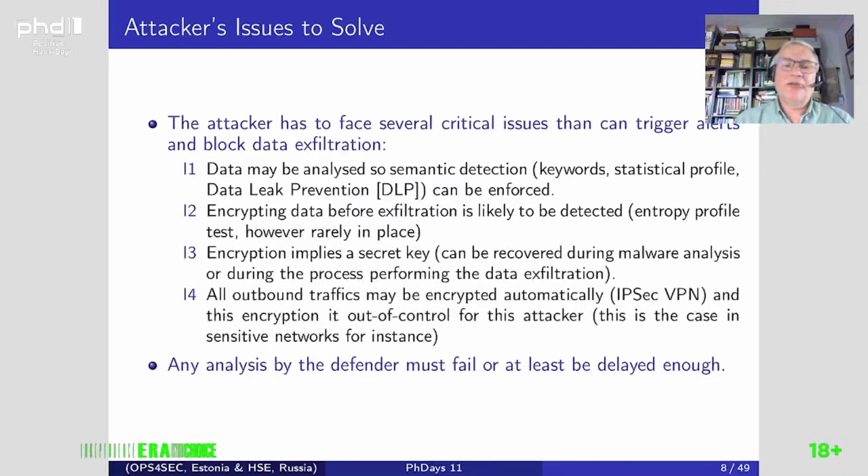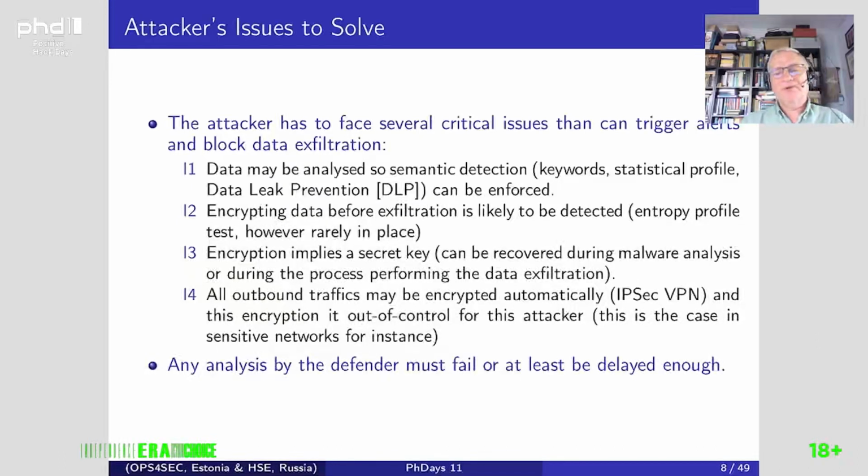Of course, you can encrypt your data, but you have two constraints. First, it is easily detected because the entropy profile is rather high. It is rarely in place. And if you want, however, to use encryption, you have to manage a secret key. And the secret key can be recovered during the reverse engineering step. So you have an additional, very strong constraint.